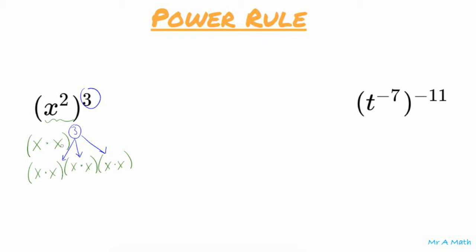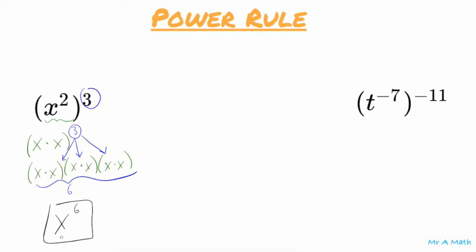So x squared times x cubed is what we get right here. And the question is, how many x's am I multiplying together? Well, in this example, I'm multiplying 6 of them. So my final answer can be simplified a little bit to say x to the 6th power.